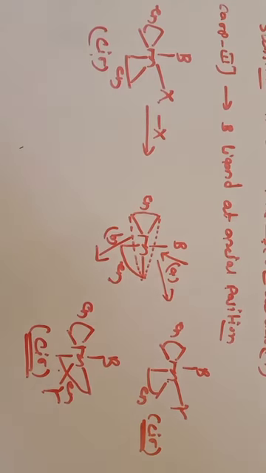And in the third case, again we get the trigonal bipyramidal intermediate, but the B ligand is not part of the trigonal plane; it occupies the axial position.